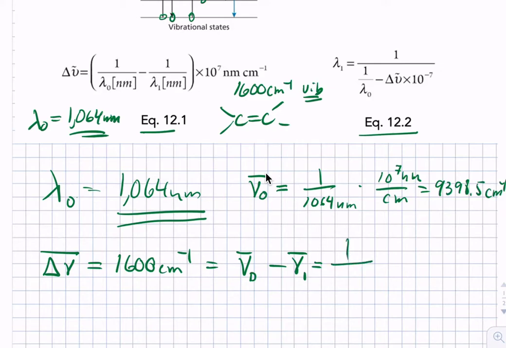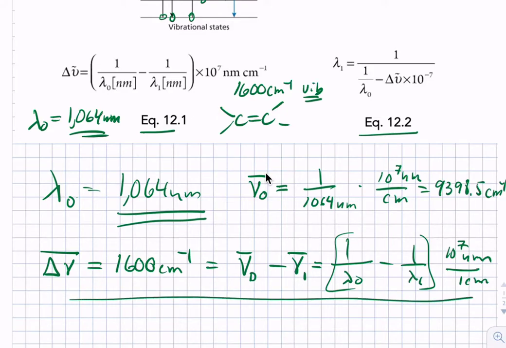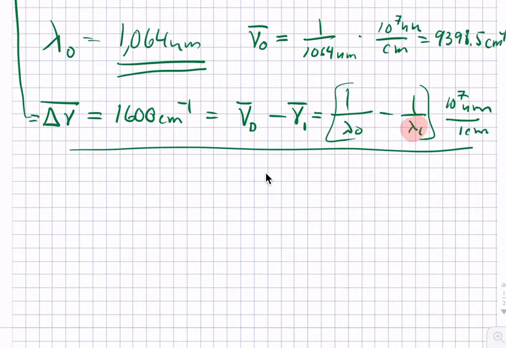That would be equivalent to 1/lambda 0 minus 1/lambda 1. And if we convert those into wave numbers from nanometers, we're going to have 10 to the 7th nanometers per centimeter. So this is going to be delta nu, and this is essentially equation 12.1 from our book. But if we want the wavelength, let's solve for lambda 1.